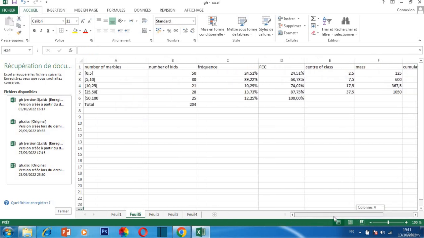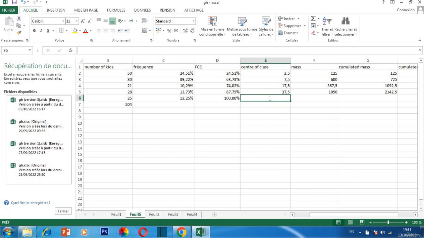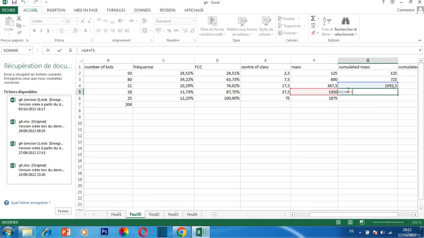Sorry, we have the missed value here. Now we're gonna calculate the accumulated mass.